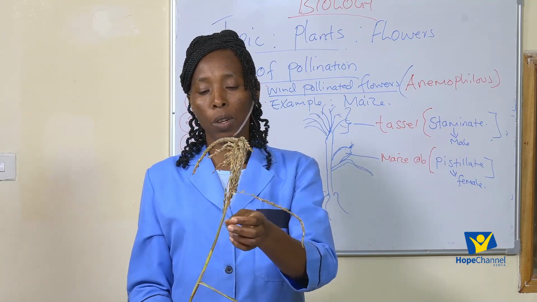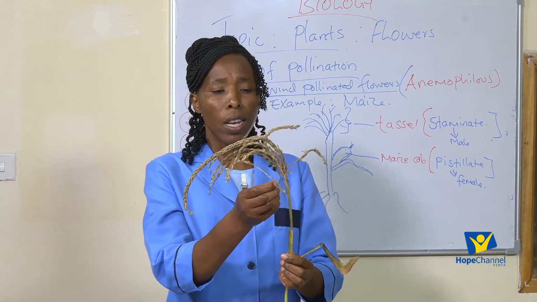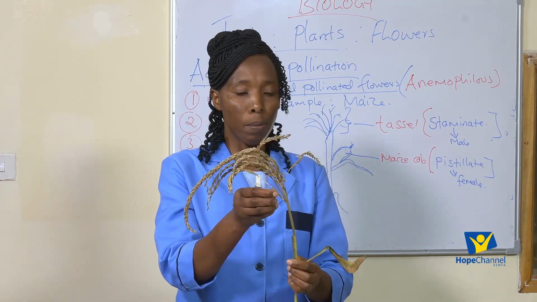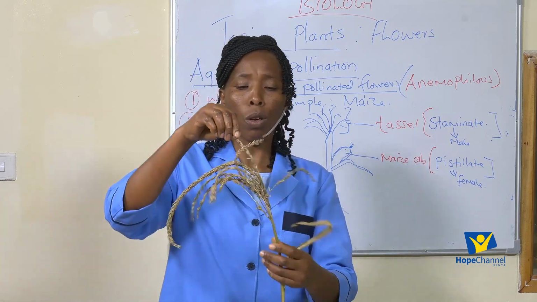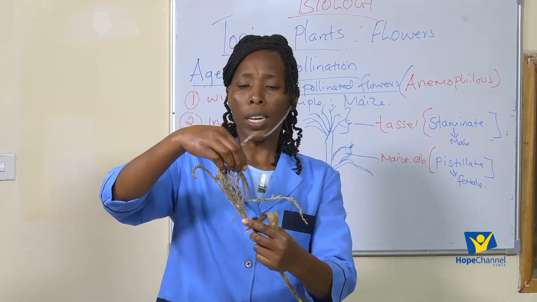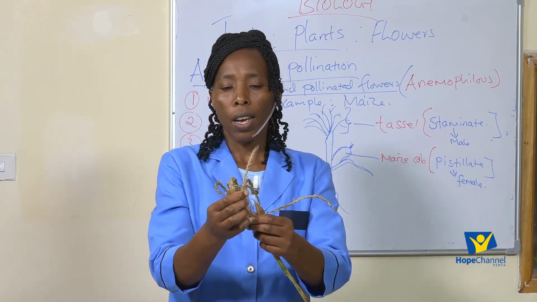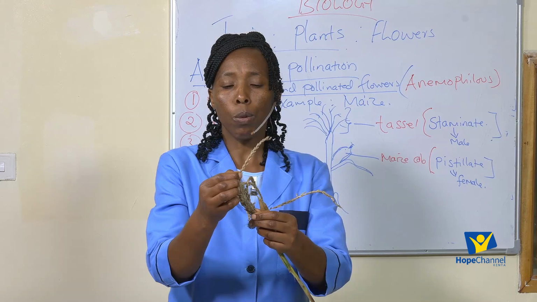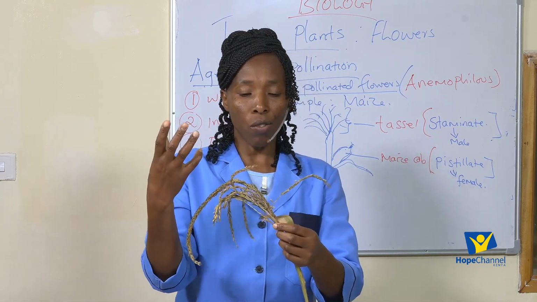Then when we talk about the pollen grains, we have said the pollen grains are usually produced in large numbers, okay? So if you check on this, the pollen grains are usually in the anthers. Like you see, already the pollen grains have been carried away by wind. So pollen grains, always we say they are produced in large numbers.